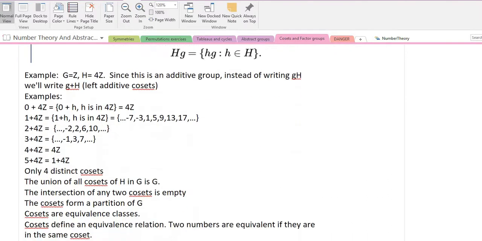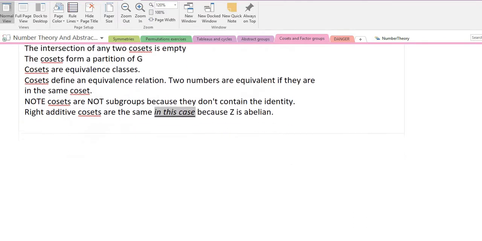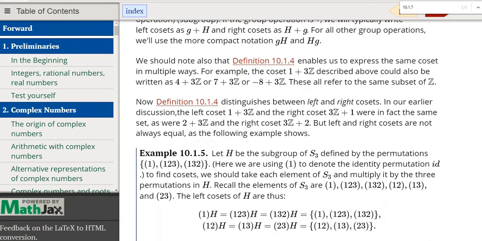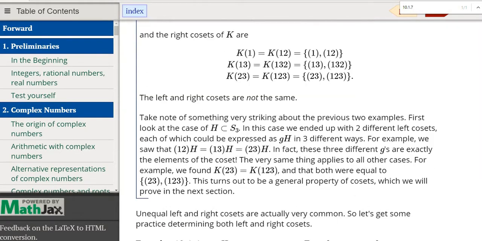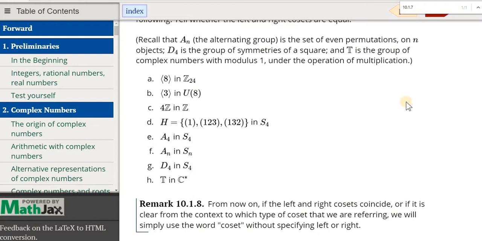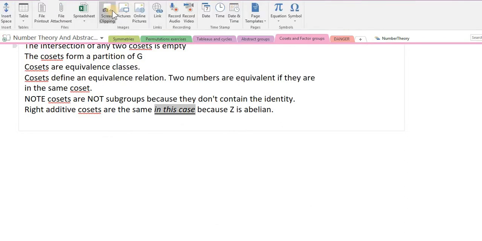So 4e was the... here we go. Okay, go back here. Insert clipping.